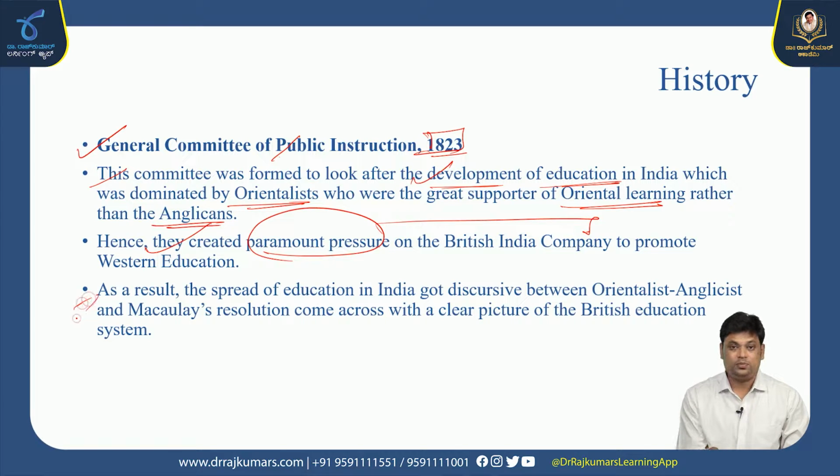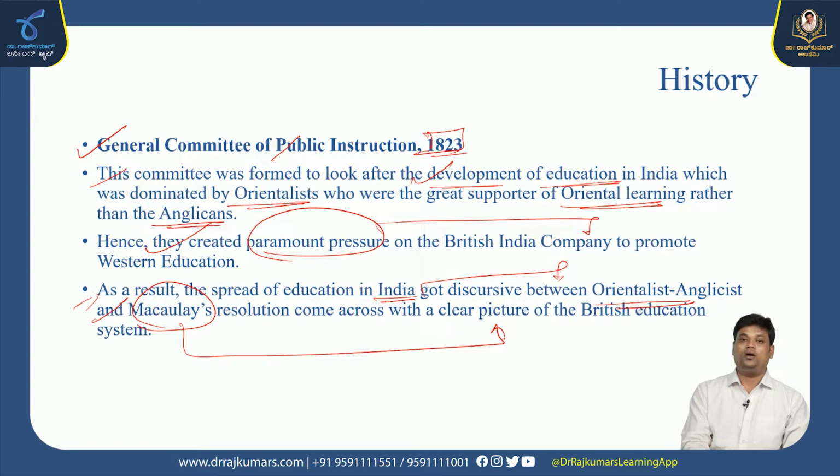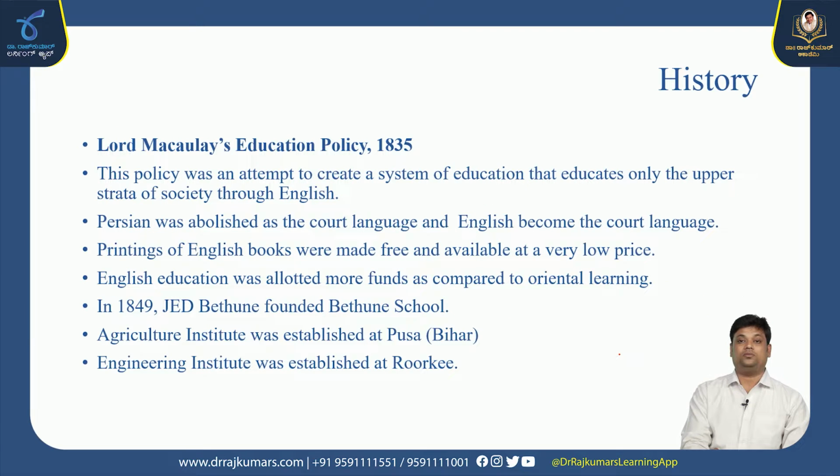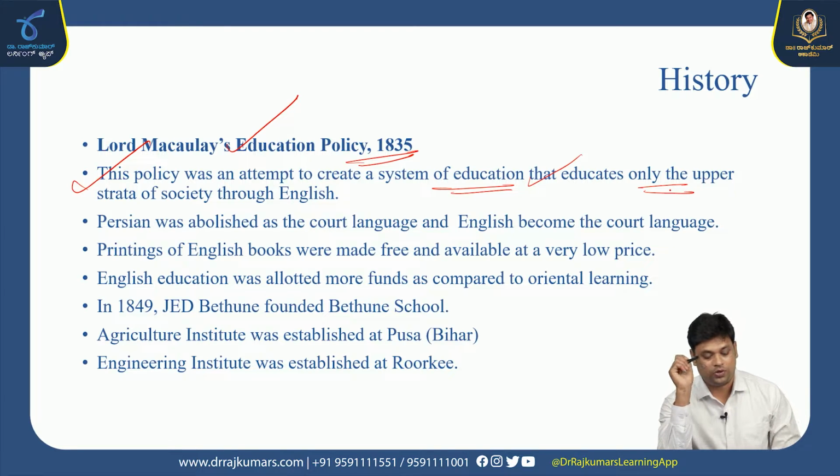As a result, the spread of education in India became divided between Orientalists and Anglicists, and Macaulay's resolution came with a clear picture of the British education system. Lord Macaulay came up with the education policy in 1835, the first education policy for India. This policy was an attempt to create an education system that educates only the upper class of society, through the English language.